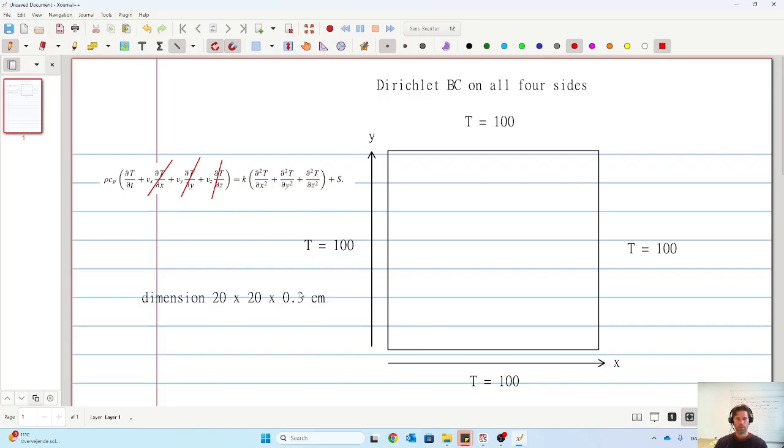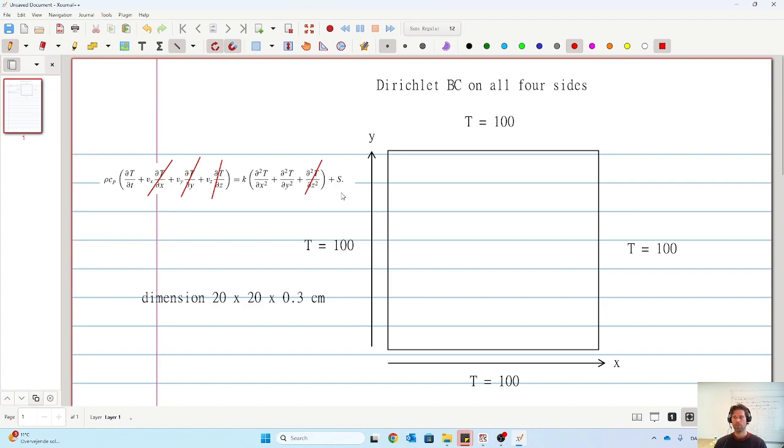We just decided that we had no variation along the Z dimension, so we can cross that out here. Then we are left with two dimensions where we have heat conduction, and we have the source term, which can be a source that removes heat or generates heat here.